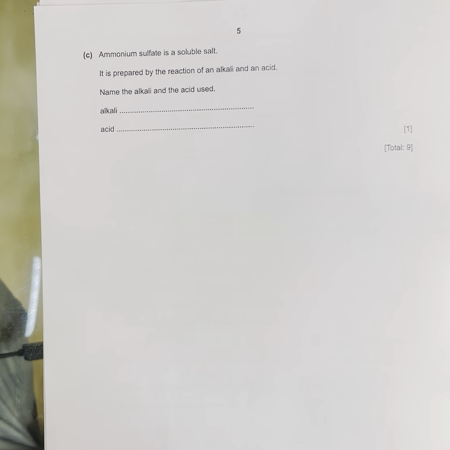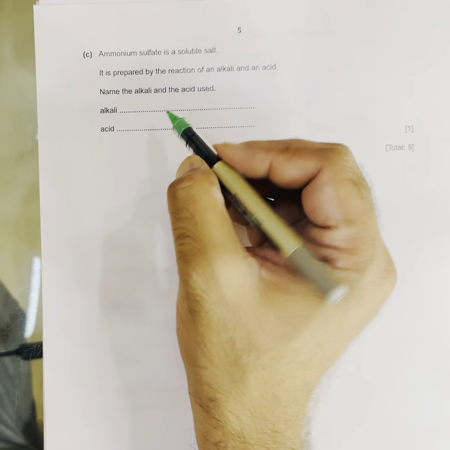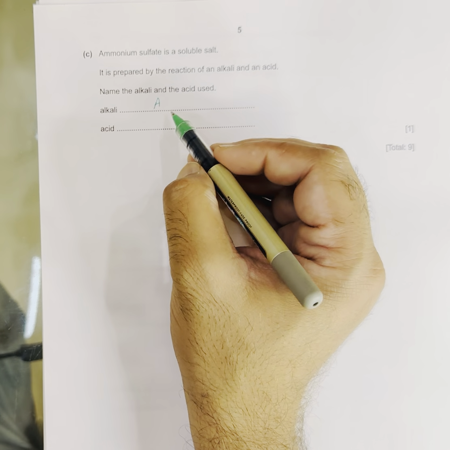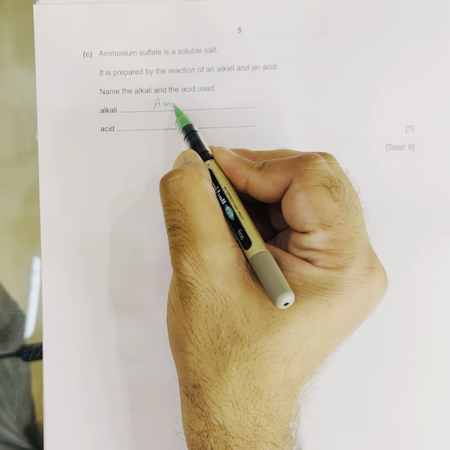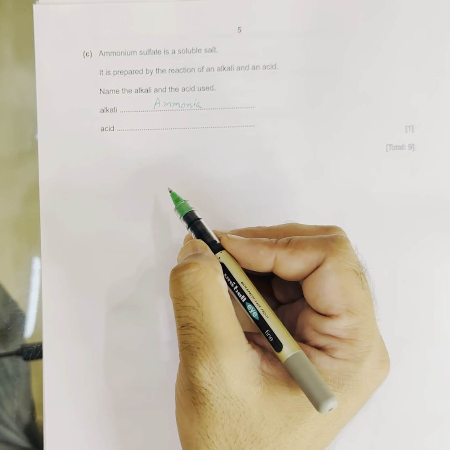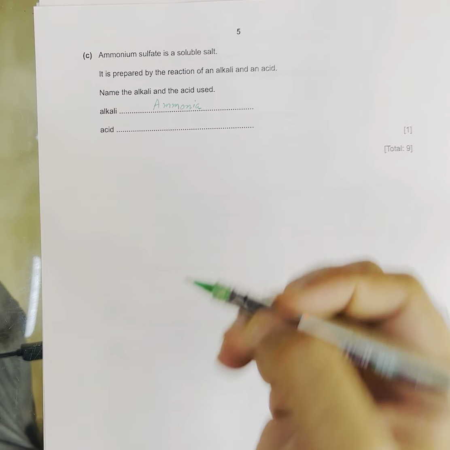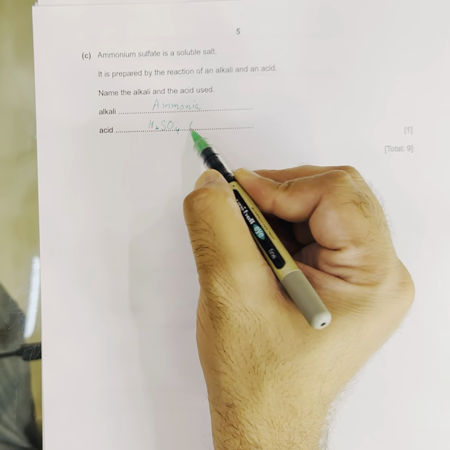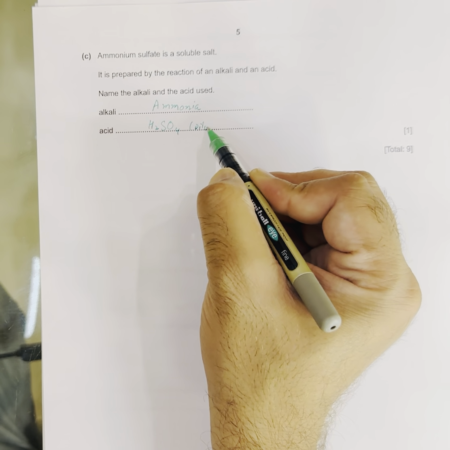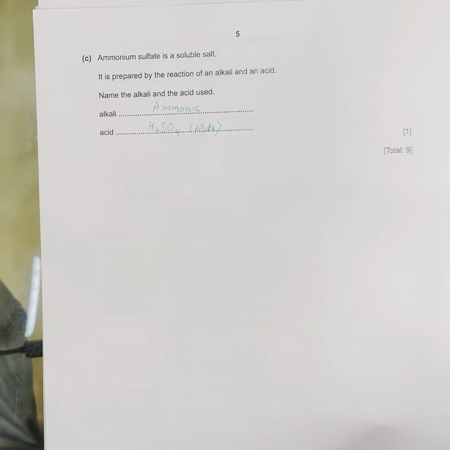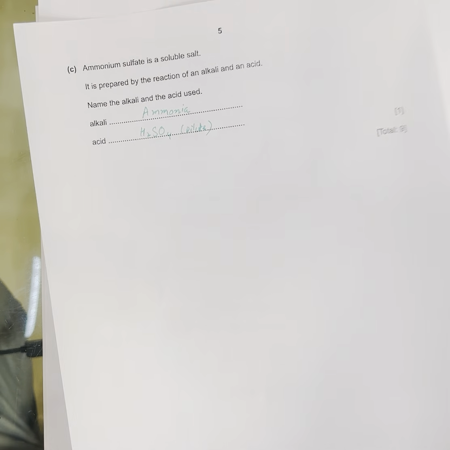We can use ammonia as the alkali, and for the acid we can use H2SO4, sulfuric acid, or in dilute form. So question number 3 is completed.